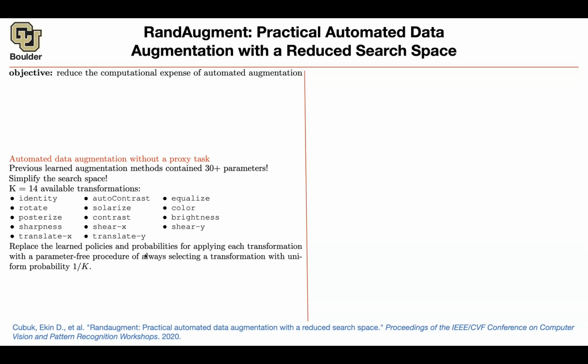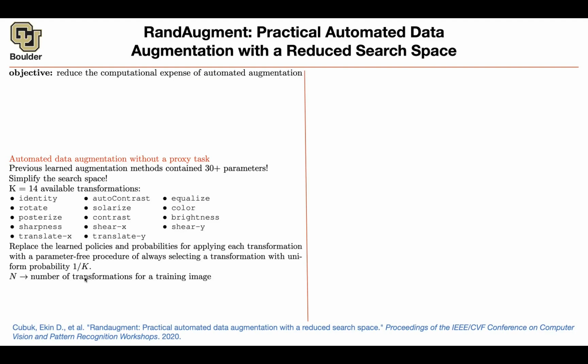And not only that, previously your recurrent neural network, the controller, had to output probabilities of applying, for instance, rotation. Here, that probability is always 1/k. So there is no choice to be made there. So now you're reducing these 30 parameters to nothing for now. You're just randomly selecting one of these operations to do on your image.